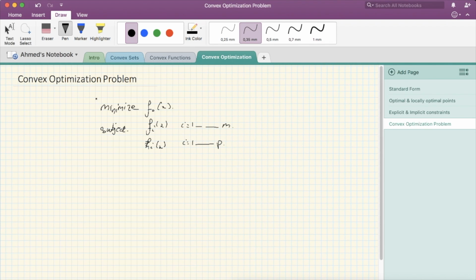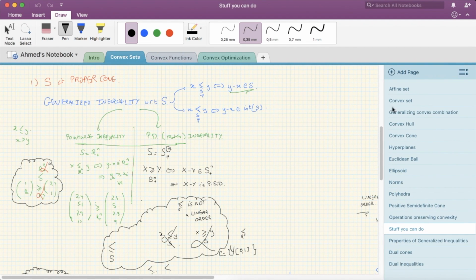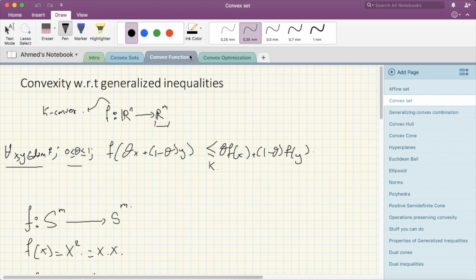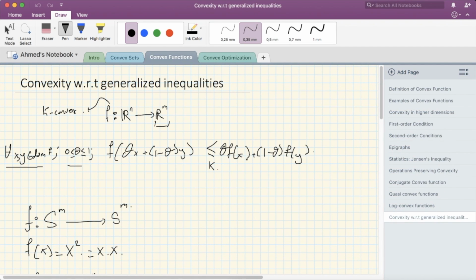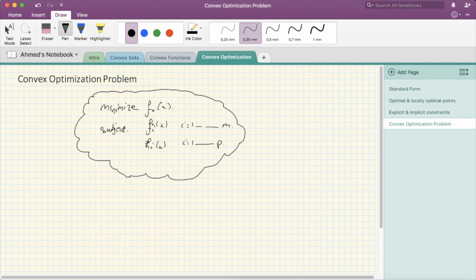But to say that this problem is a convex problem, right? And please don't mix up convex sets, convex functions, and convex problem, okay? So convex sets, we talked about them. They're completely defined. Right here, we spent a lot of time talking about convex sets in order to spend a lot of time talking about convex functions, in order to come finally here and say what a convex optimization problem is.